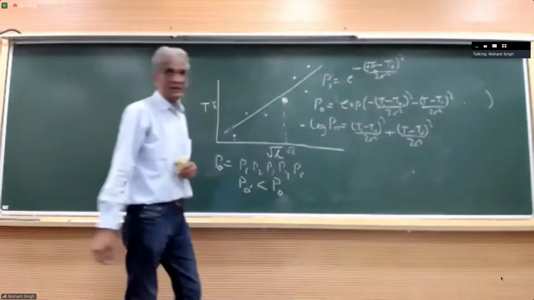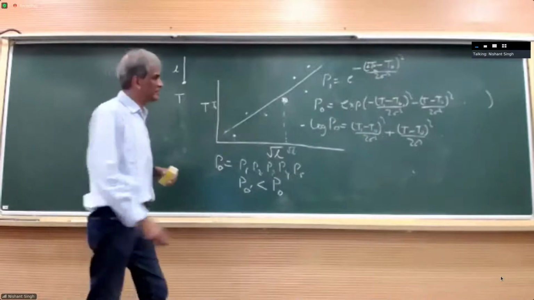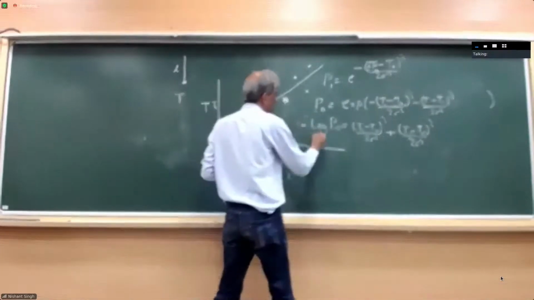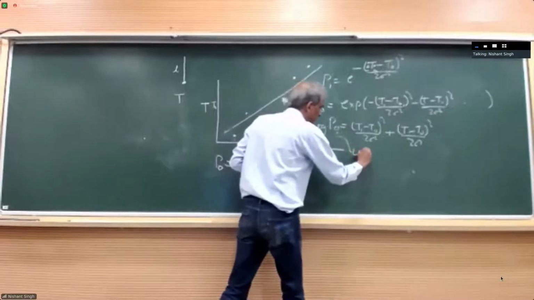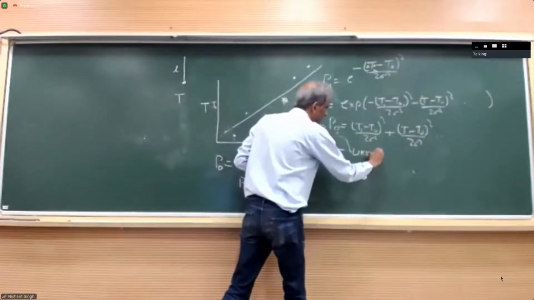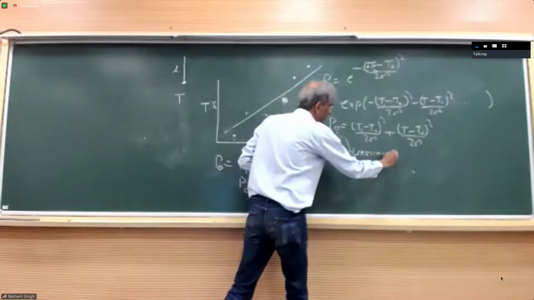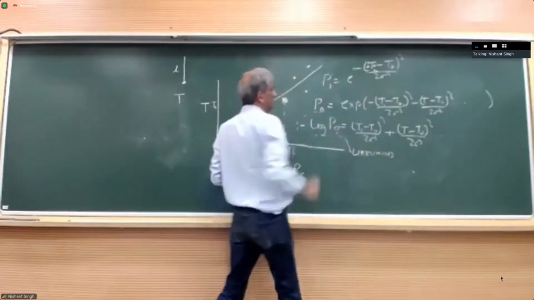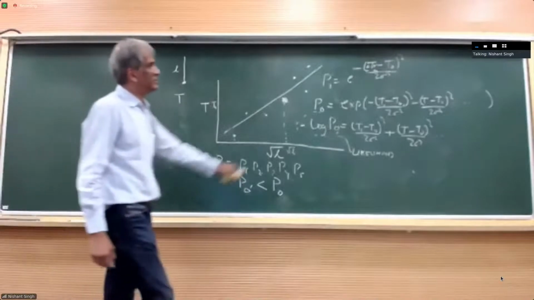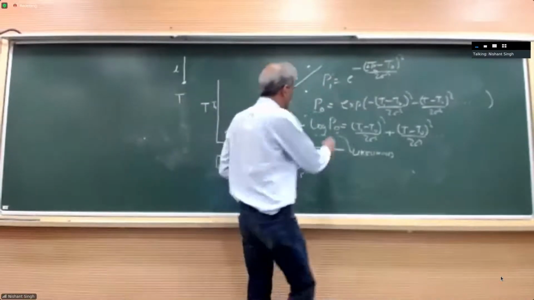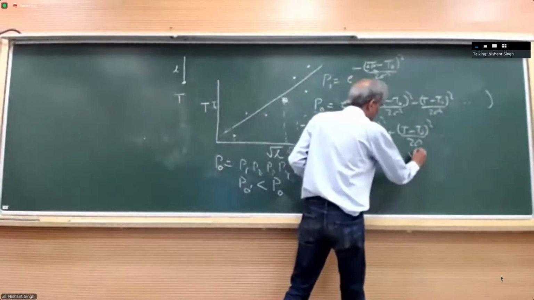Just to give a nomenclature so that you know the names of these things, the minus log of P0 is called a likelihood. And if this is a Gaussian distribution, then this is called the chi-square.